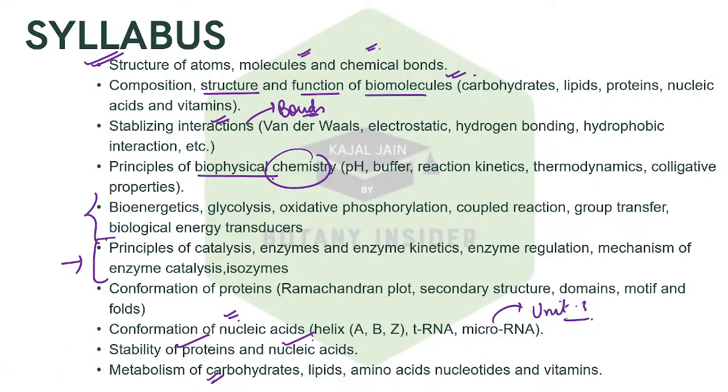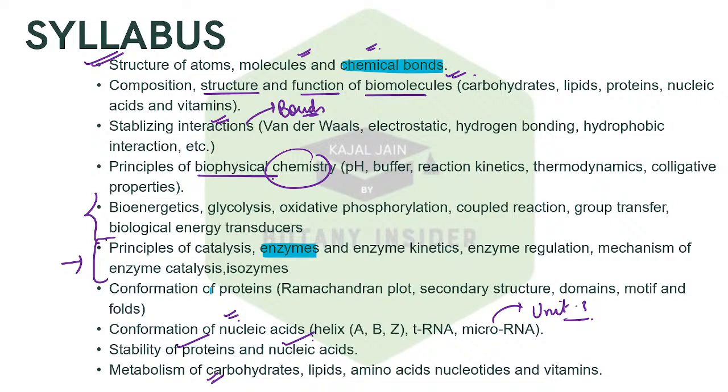Now talking about the scoring part, from which topic you can easily get questions. If you analyze the very recent papers, first, you can easily get a question from chemical bonds. This year also there was a question asked from chemical bonds. You can easily get a question from the enzyme topic. Every year we can expect at least one question from enzymes.